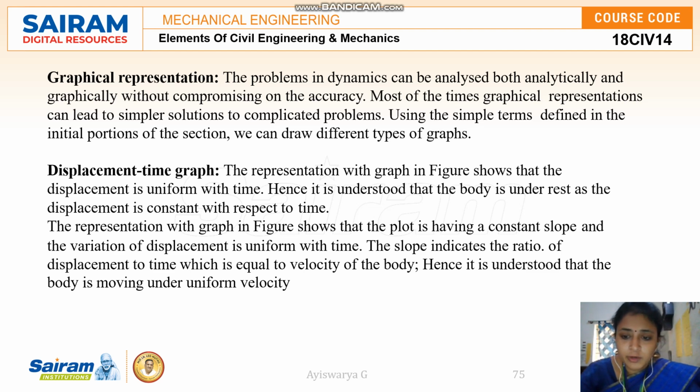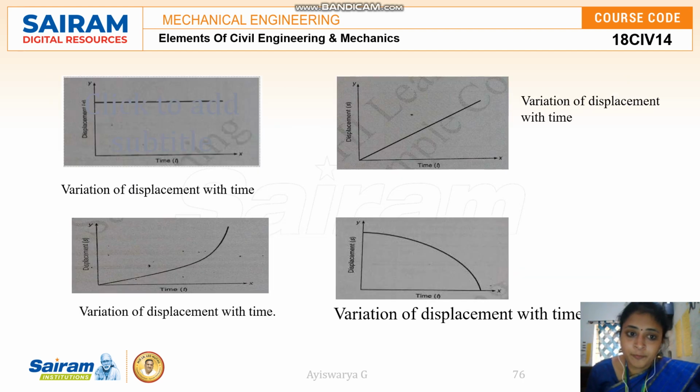When coming to displacement, the plot has some slope showing the variation of displacement with respect to time. The slope indicates that the body is moving with uniform velocity. Velocity should also be considered here, but we have to highlight the graph of displacement and time.